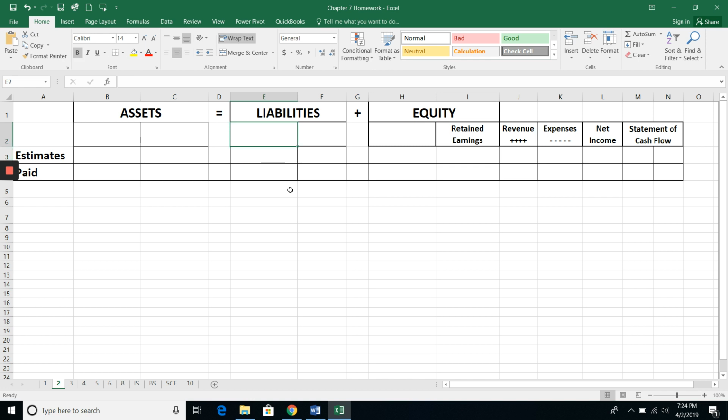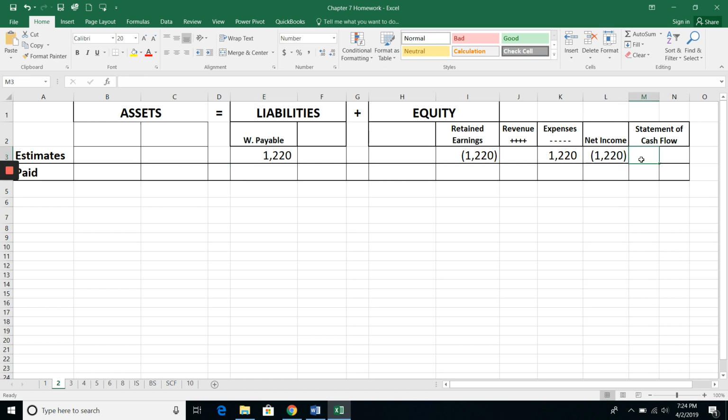Warranty payable would increase by $1,220, and our retained earnings would go down by $1,220 because we're showing that expense, the cost of us furnishing those warranties is going to bring down our earnings.